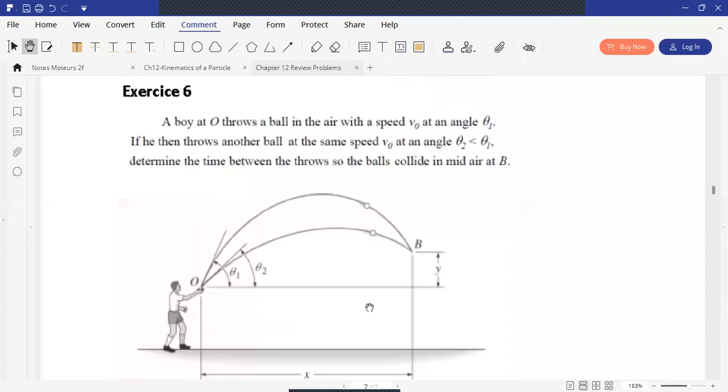So if you say that, for example, the time at A is t, then the time for B will be t minus delta t. Or if you take the origin of time at B, you will say that for particle B the time is t, and for the other the time is t plus delta t. Okay, so it's the same concept as we have seen before.